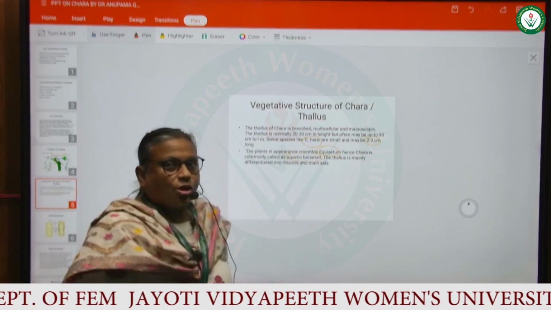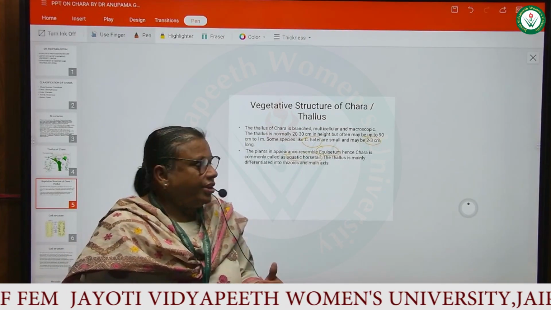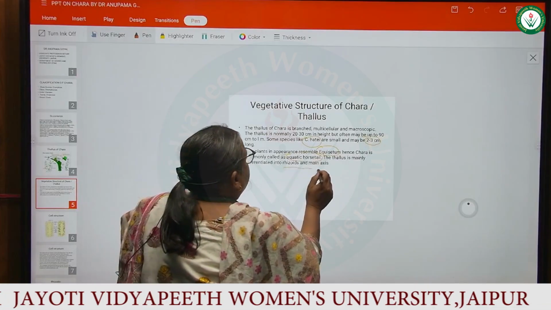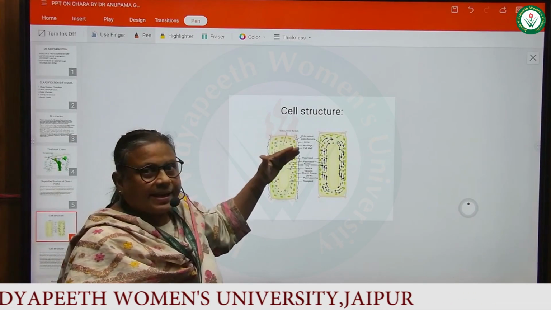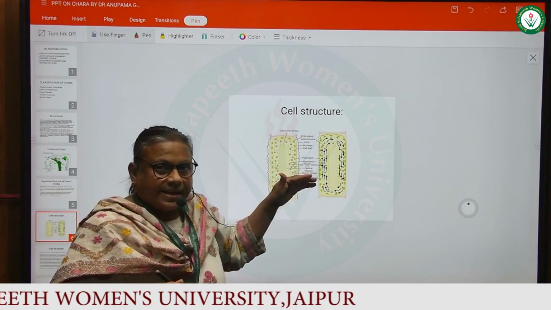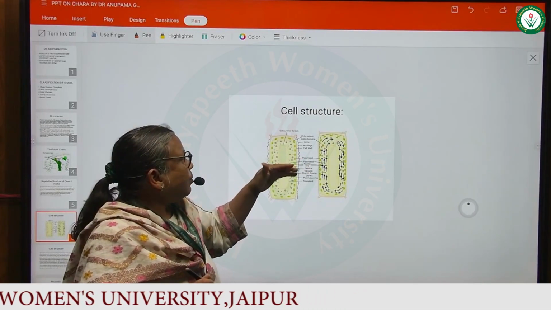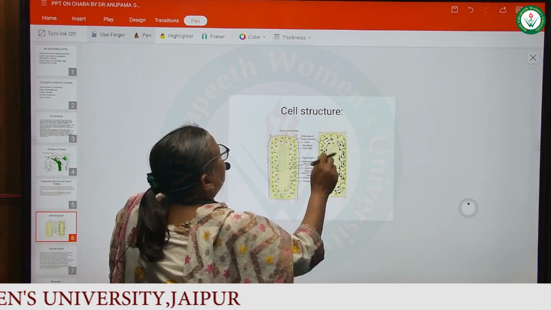The thallus of Chara is differentiated into rhizoids and the main axis. When we see the cell structure of Chara, the cytoplasm shows streaming movement.